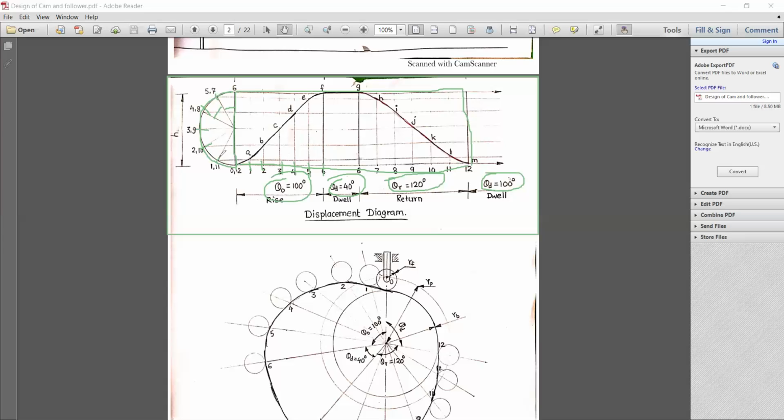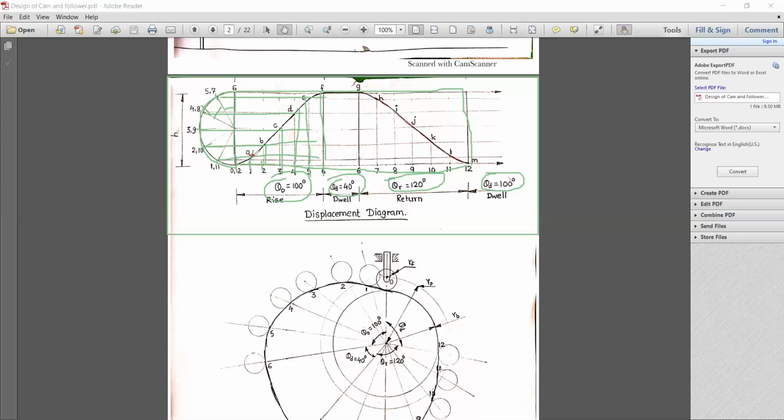From this point I have drawn parallel lines to the axis. Then these are the vertical lines, so that I directly get a few points.